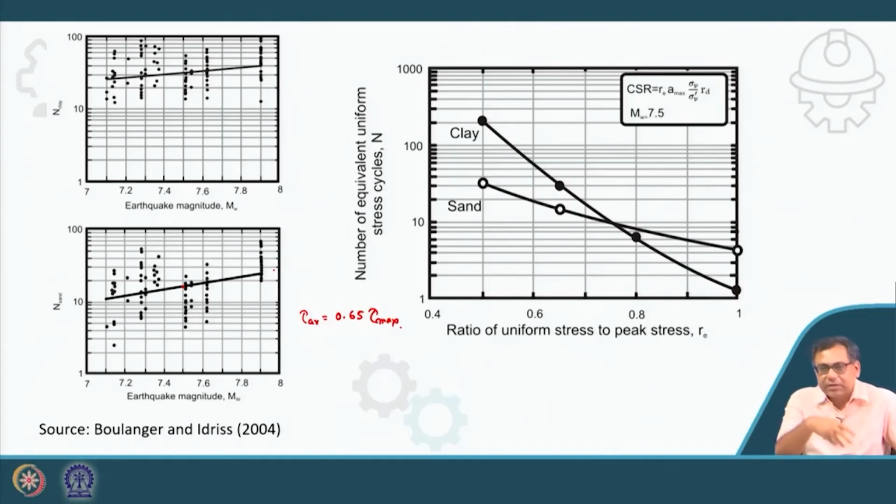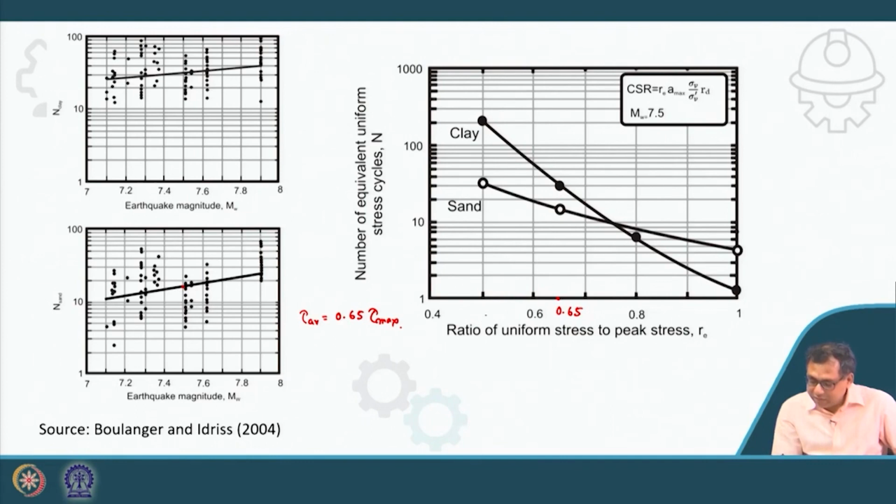Because I have given those expressions from Idriss's proposal, and I have given the curve to calculate the number of equivalent stress cycles for sand. But for clay, it is almost double if tau average is 0.65 of tau max. So you can see in this chart, for 7.5, if this is 0.65, it is almost double.